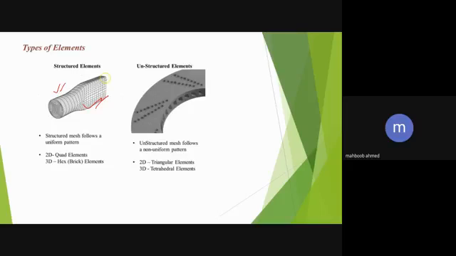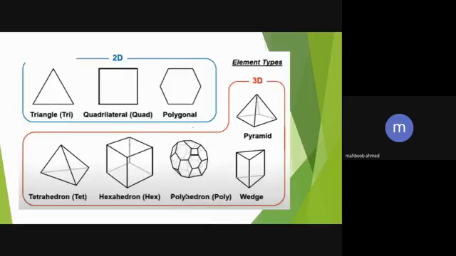Are you getting this? For simple geometries it is very easy, you can simply create. But for complex geometry or complex shapes, it is very tough and time-consuming to create the structured mesh, so we always rely on the unstructured mesh.